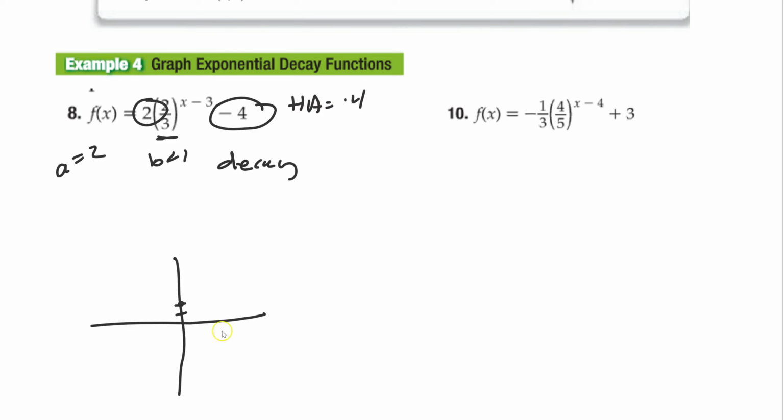That's how much my whole graph is moving down. 1, 2, 3, 4, so that's where my asymptote is. I'm moving my whole graph down 4, so you start at 2, go down 4, and I'm right here. But then I have to move it, inside opposite, right 3. So it's going to go 1, 2, 3, right here. That's the crux of my graph. Again, it's a decay graph, so I'm going to go down here, hit it, and not go past that line.